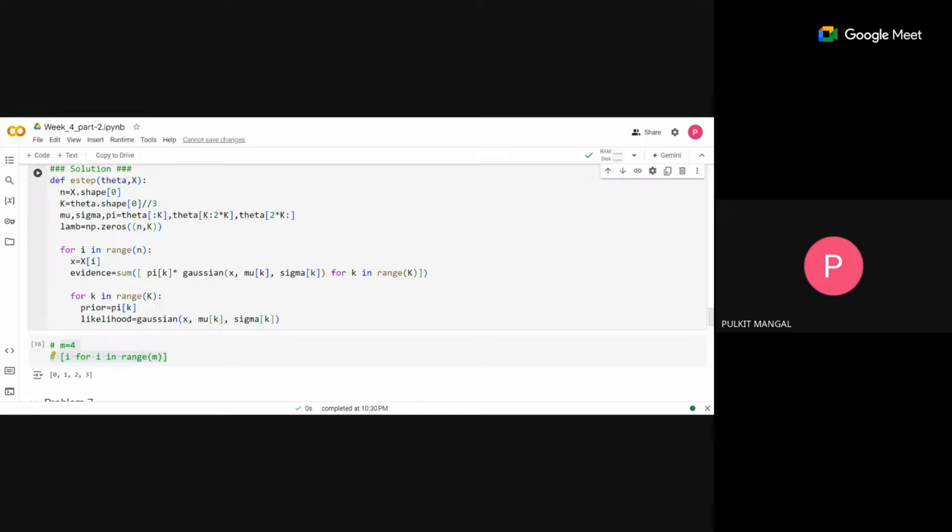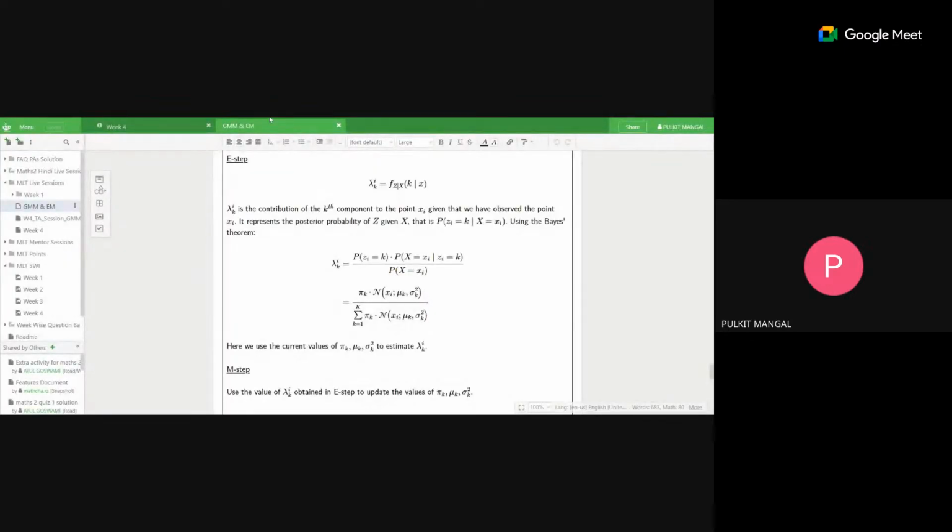So maybe if I just open this, can you see this step? This pi k denotes the prior probability.